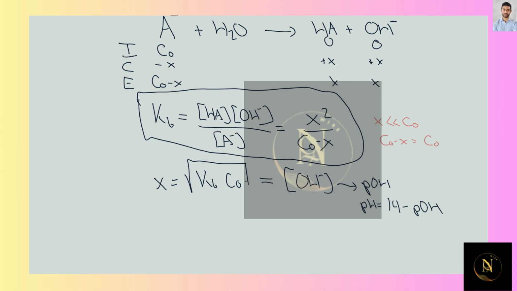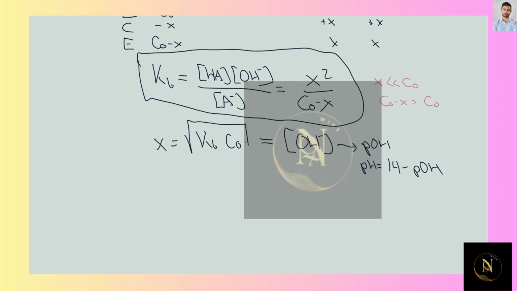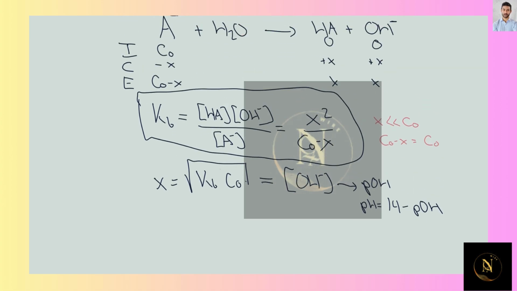So in all of the cases that we're going to deal with, we are starting with a 0.1 molar solution that then is going to react with 0.08 molar of NaOH.